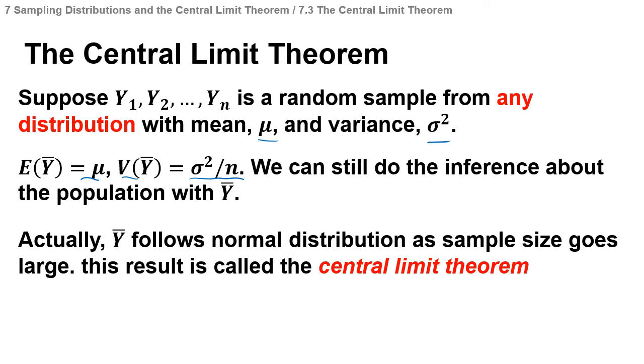And we can still do inference about the population with Y bar. Actually, Y bar follows a normal distribution as the sample size n goes large. This result is called the central limit theorem.